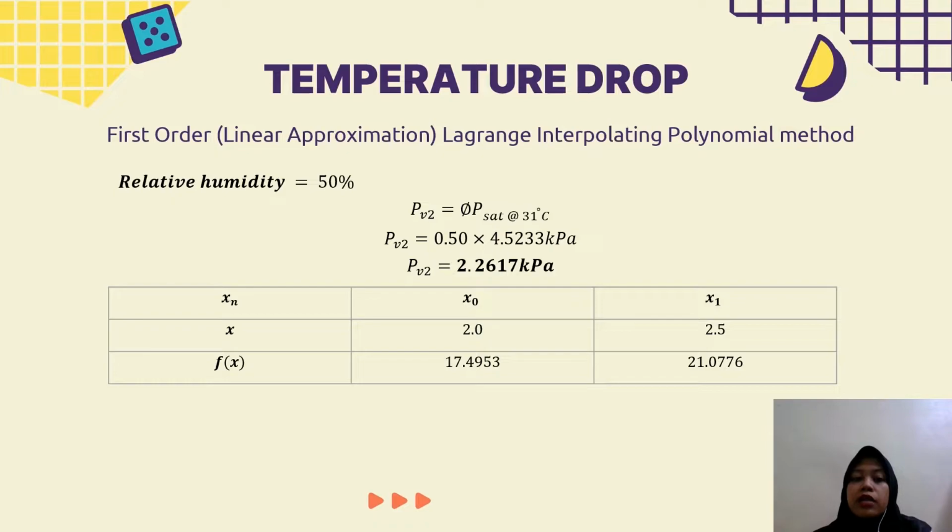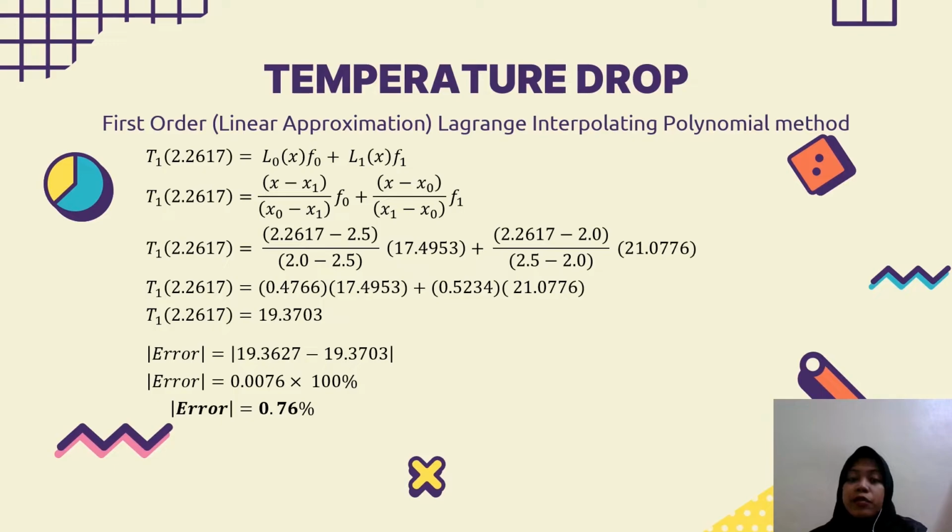To obtain the relative humidity of 50%, we need to use values between 2.0 and 2.5. Using the same formula, we calculate the value of temperature 1 at 2.2617 kilopascal.